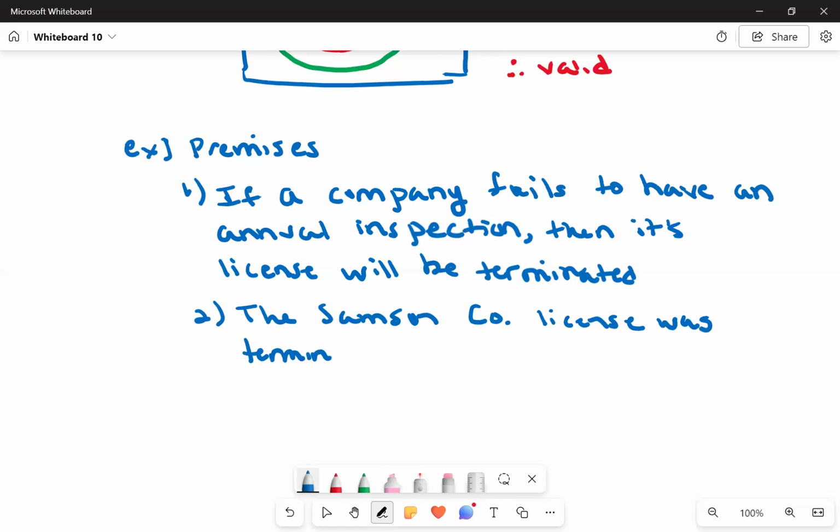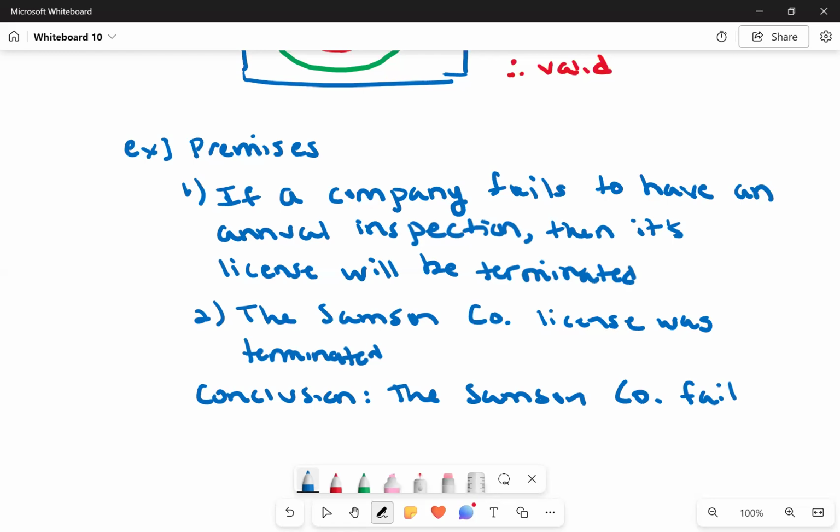So the question is, does it follow that the Samson Company failed to have the annual inspection? So is the conclusion the Samson Company failed to have the annual inspection? There's a C in there.